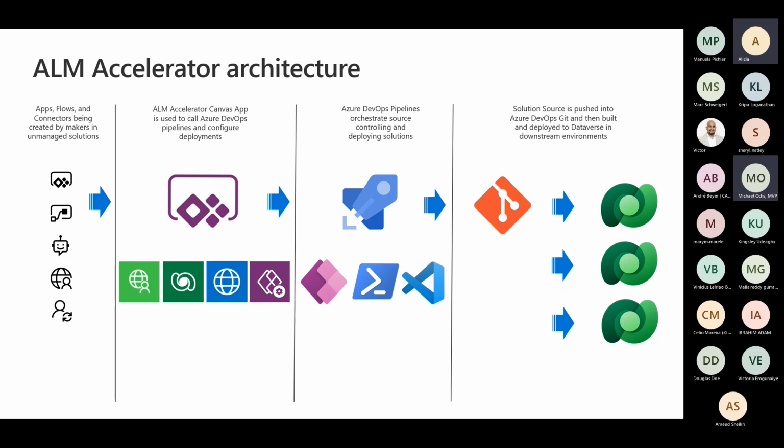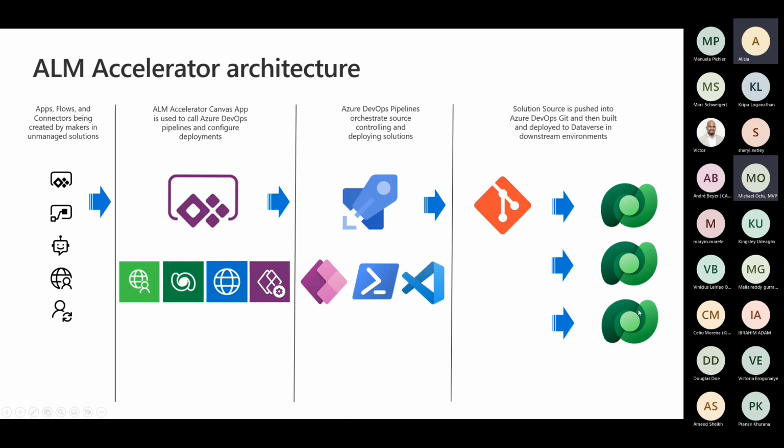To use the ALM accelerator, to use ALM in the platform all up going forward, everything has to be in a solution, which means you have to have Dataverse in your development environment and all of your downstream environments. But ultimately, we will take what's in source control and we will package that up and push it into a Dataverse environment downstream.